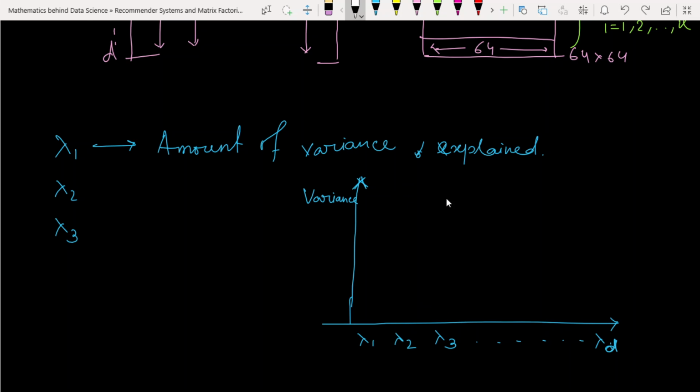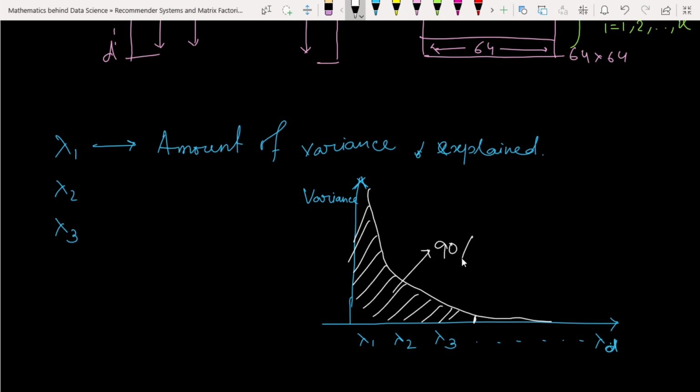After some stage it stabilizes. Suppose the first lambda k eigenvalues contain 90% of the information, and only the rest contain 10%.